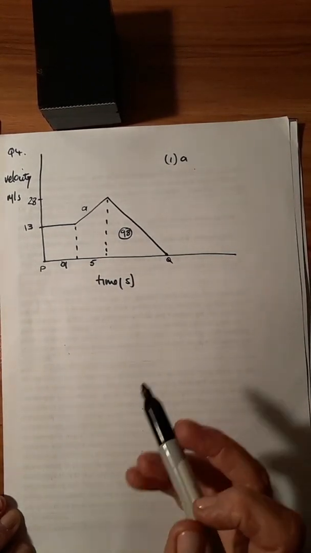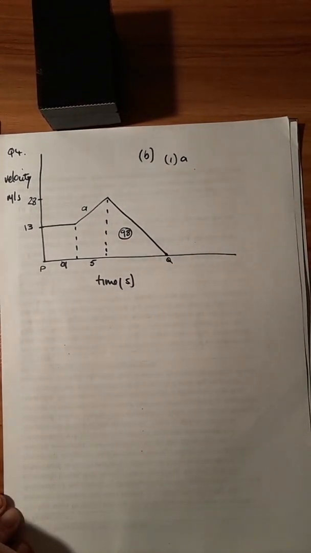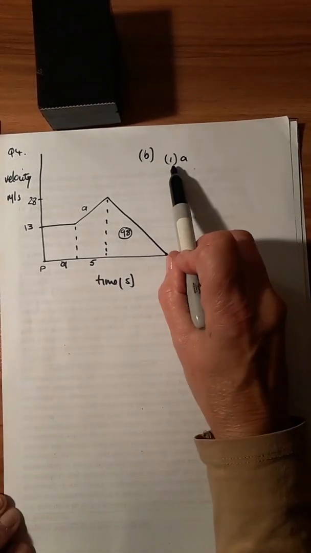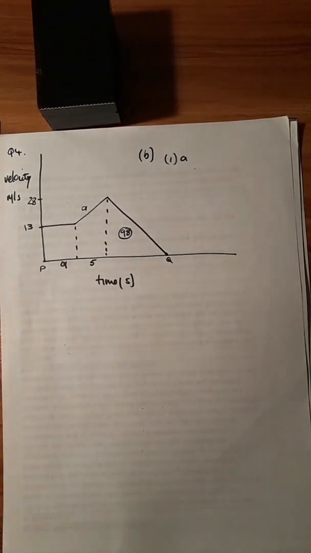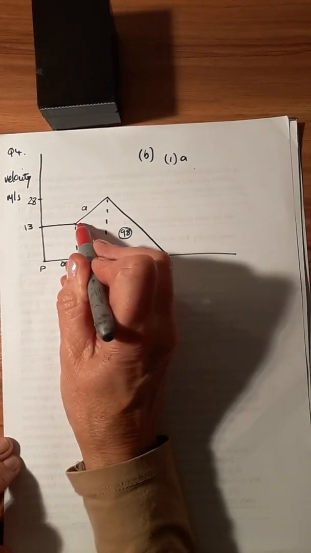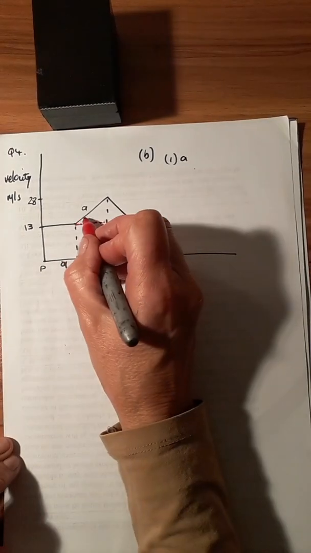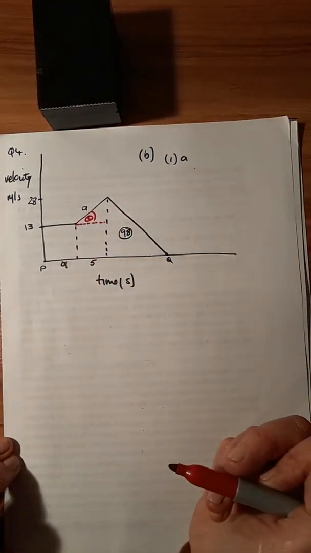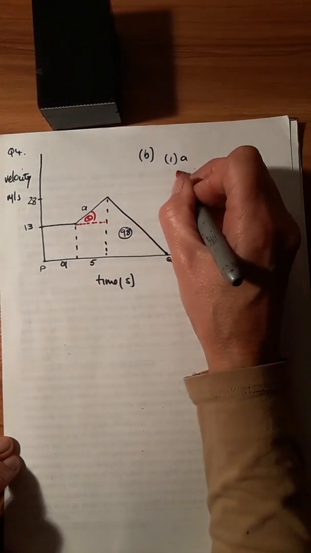Part A is draw the graph. Part B says find the acceleration. So you've got to find a here. Remember, we're going to do the same as we did last time. I'm going to draw an x-axis like this, indicate this angle theta, and say that the slope of the line is equal to tan of theta.